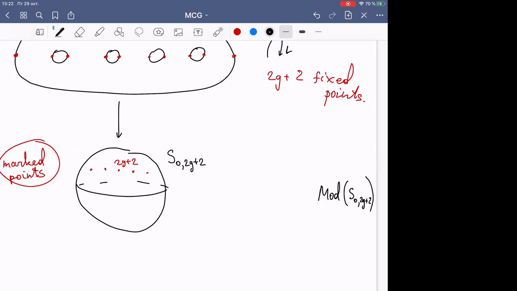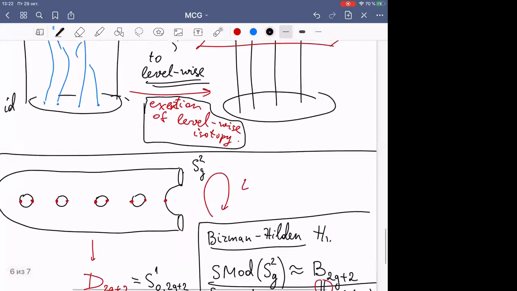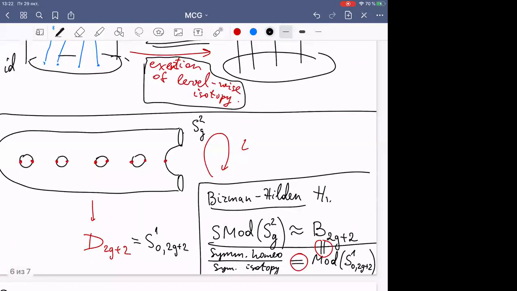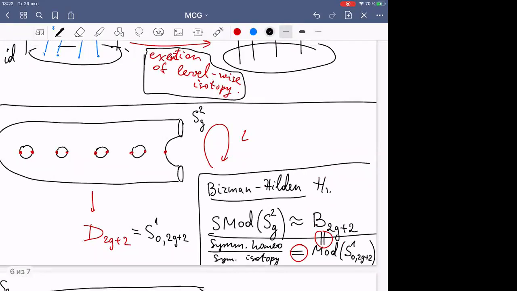This is a sphere with punctures. Hence, this is not a braid group. Okay, but still, it is some group which is rather close to braid groups. Second, we do not have such isomorphism.